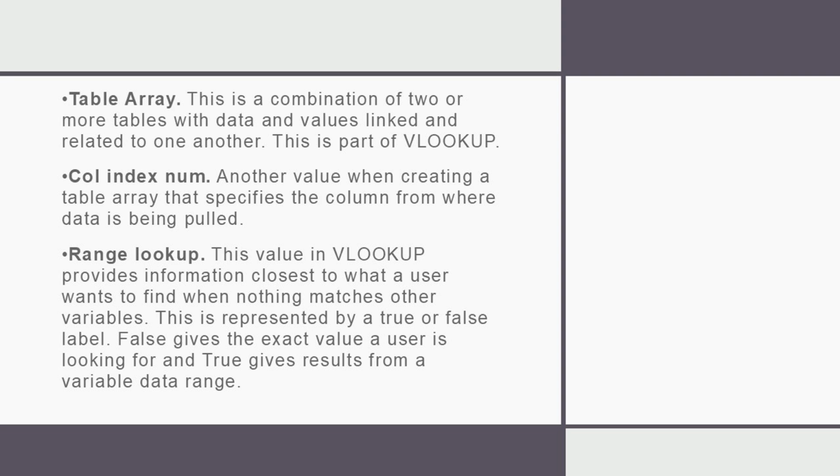This value is part of VLOOKUP. It provides information closest to what a user wants to find when nothing matches other variables. This is represented by a true or false label. False gives the exact value a user is looking for. True gives results from a variable data range.